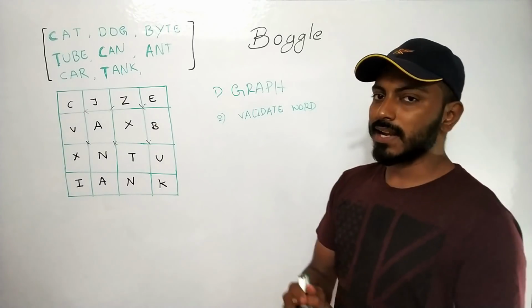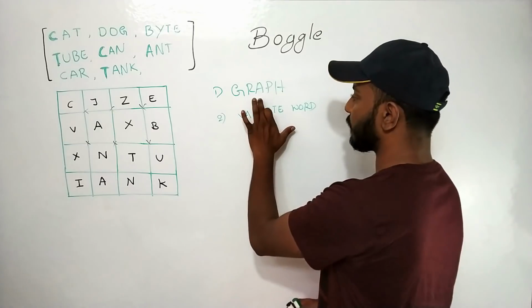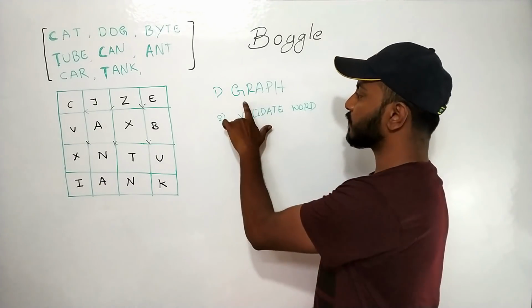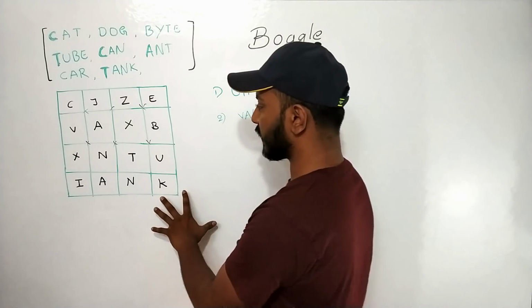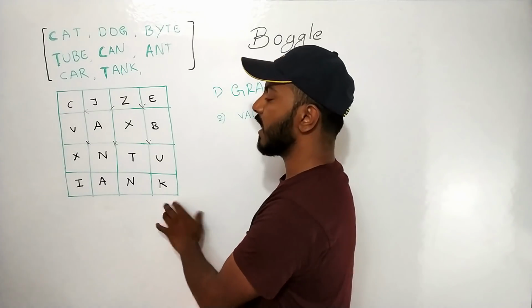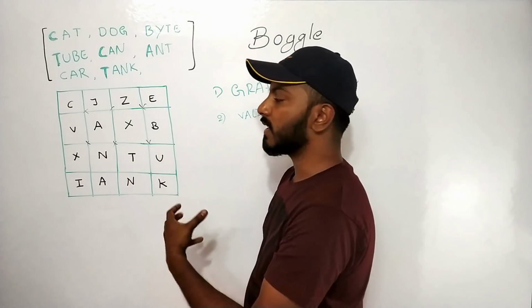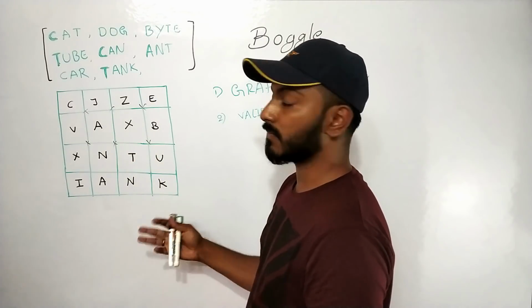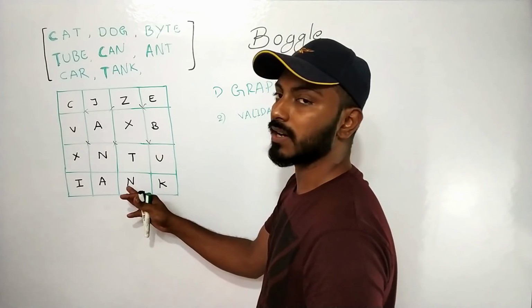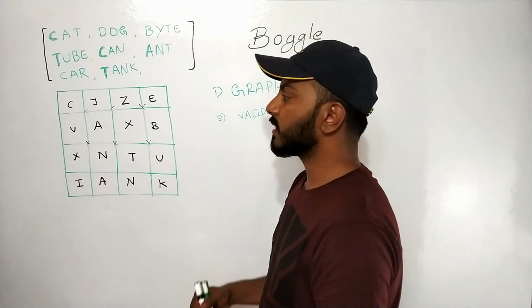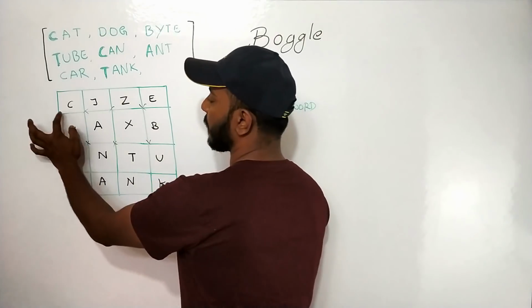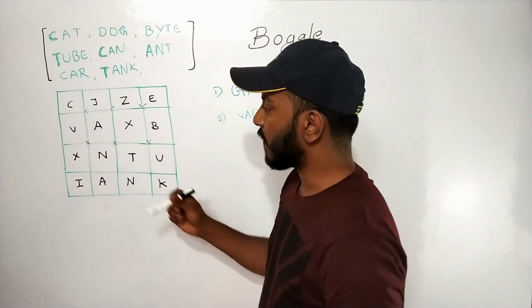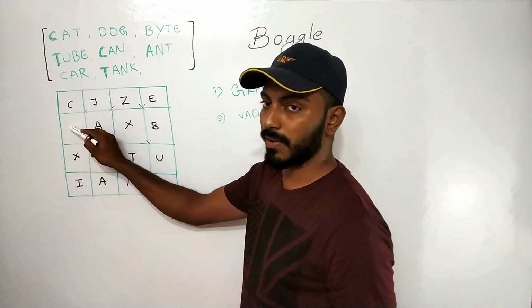Let's discuss in depth the graph problem first, and then we go to the word validation problem. So the first one is the graph problem. If you see this particular matrix, these letters are interconnected. According to the rule, you can traverse in any possible direction from any cell in the matrix. Say for example, if I start from this cell, I traverse this way, and this way.